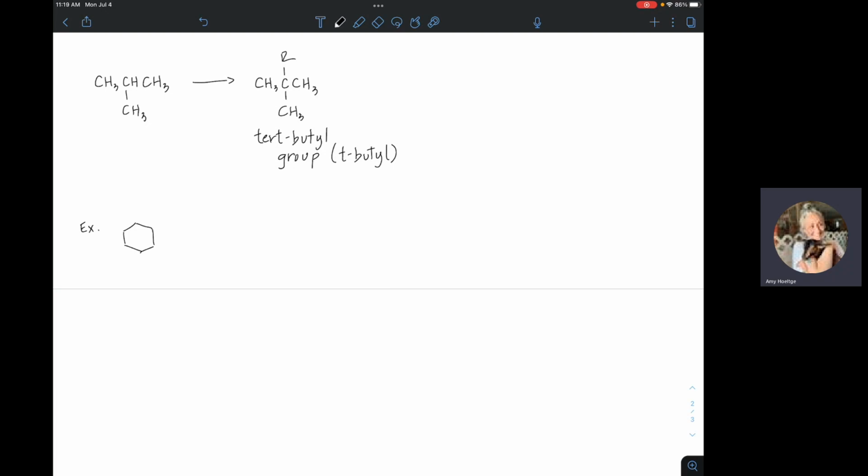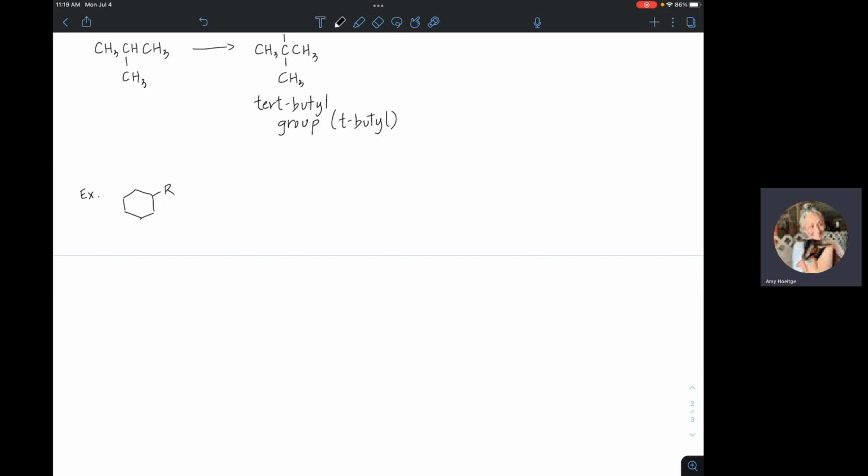We're going to take a hydrogen away and replace it with R for rest of molecule. This right here, when it's attached to another bigger piece, another parent, is going to be called, instead of cyclohexane, a cyclohexyl group.